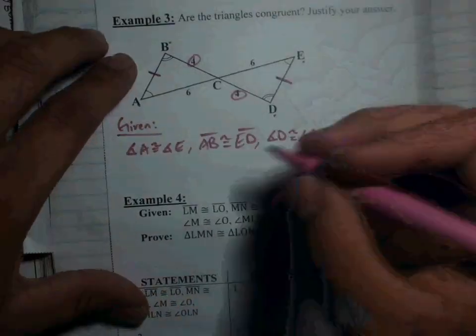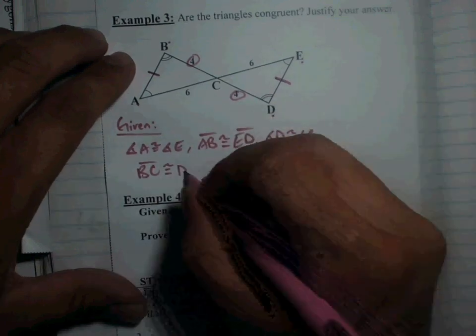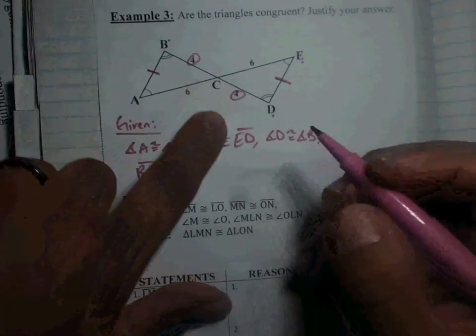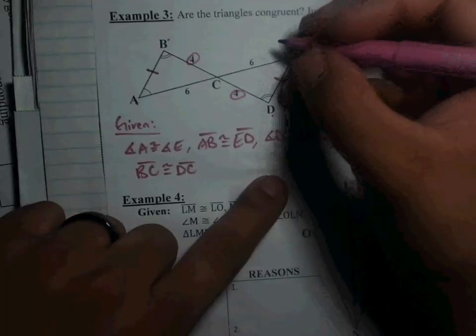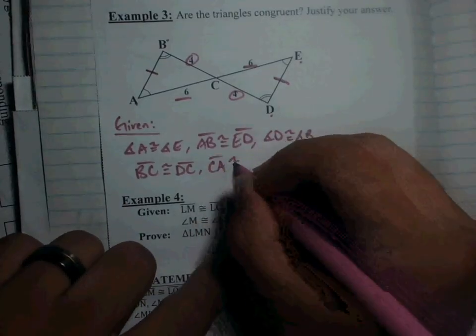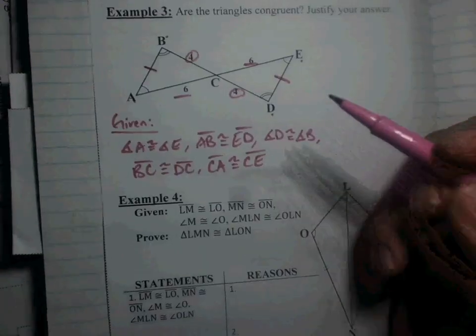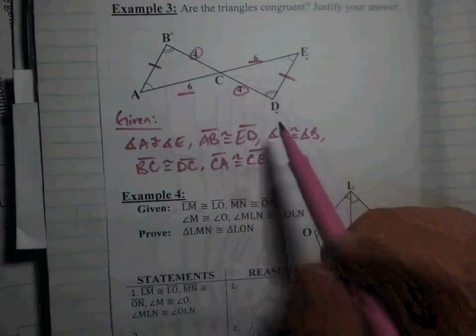So side BC is congruent to DC. And then lastly, we know that CA is congruent to CE. Is there anything else? No, those are all labeled.